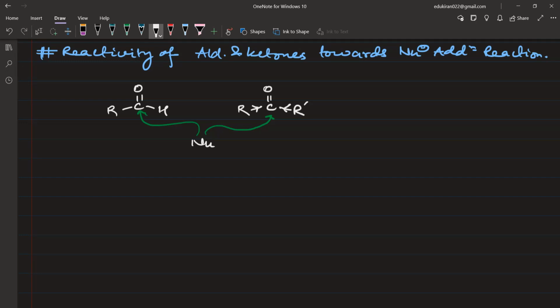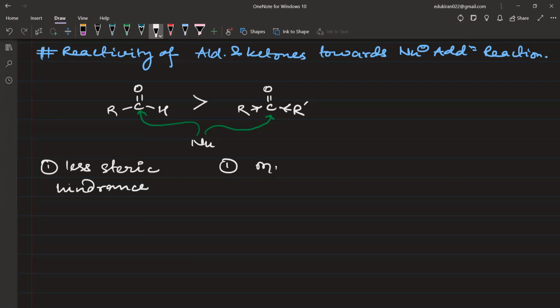The second thing is both of these groups attached to the reactive site are bulky groups in ketones. Alkyl groups are bulky, and that is why there will be steric hindrance. So the number one reason that aldehyde is more reactive is less steric hindrance. Here it has more steric hindrance.